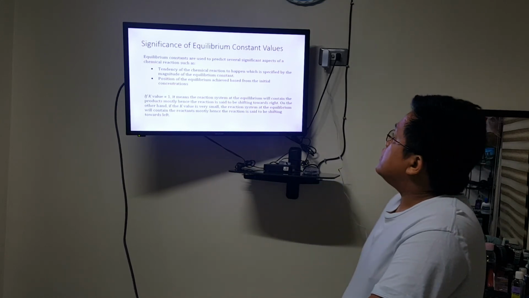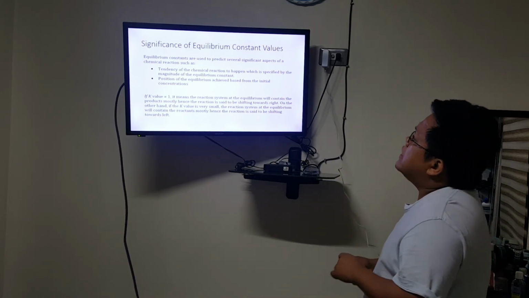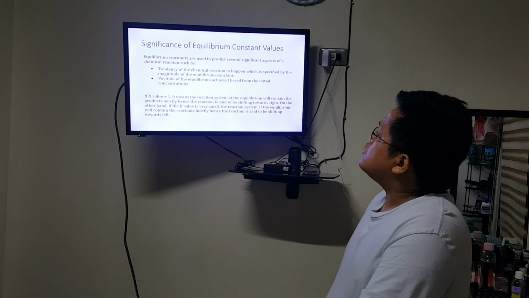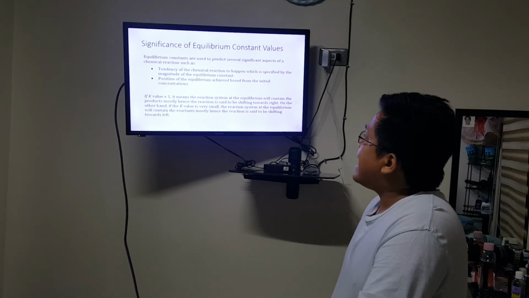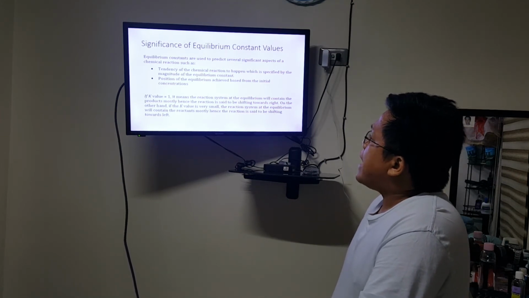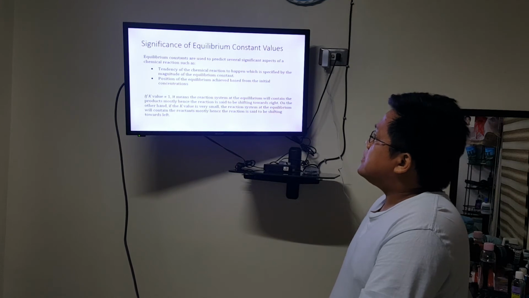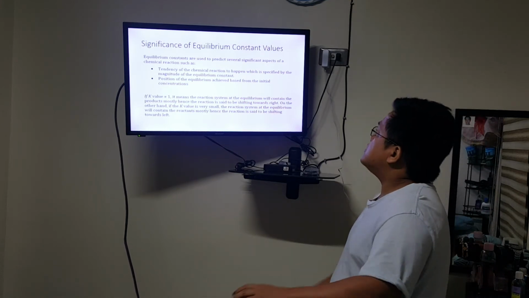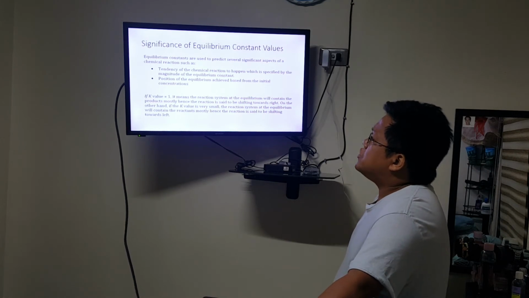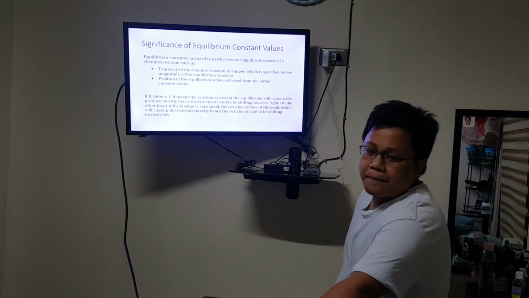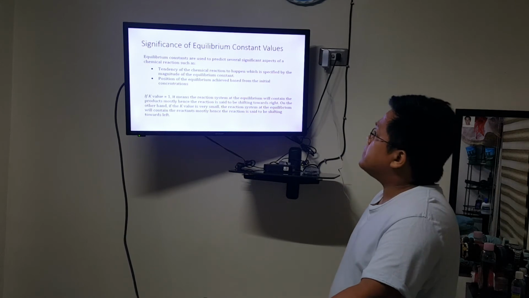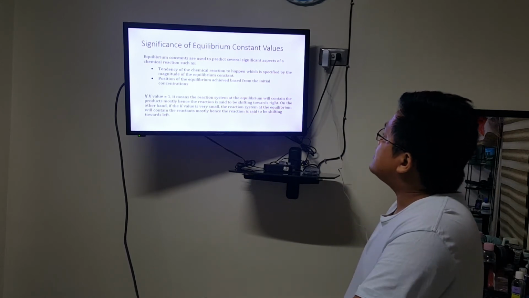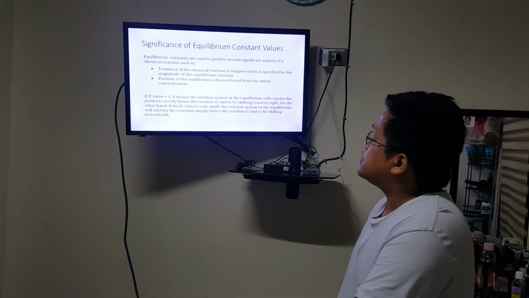Significance of equilibrium constant values. Equilibrium constants are used to predict several significant aspects of a chemical reaction, such as the tendency of the chemical reaction to happen, which is specified by the magnitude of the equilibrium constant, and the position of the equilibrium achieved based on the initial concentrations.